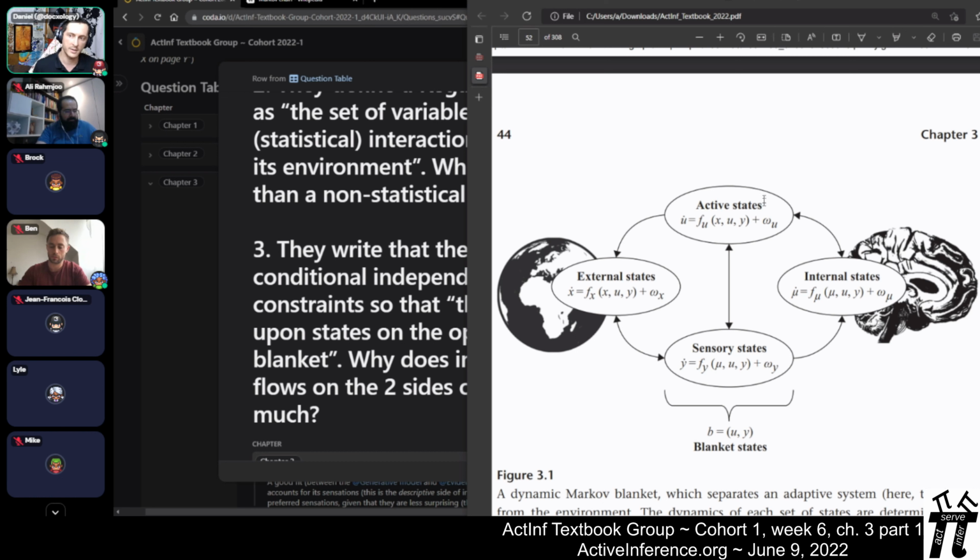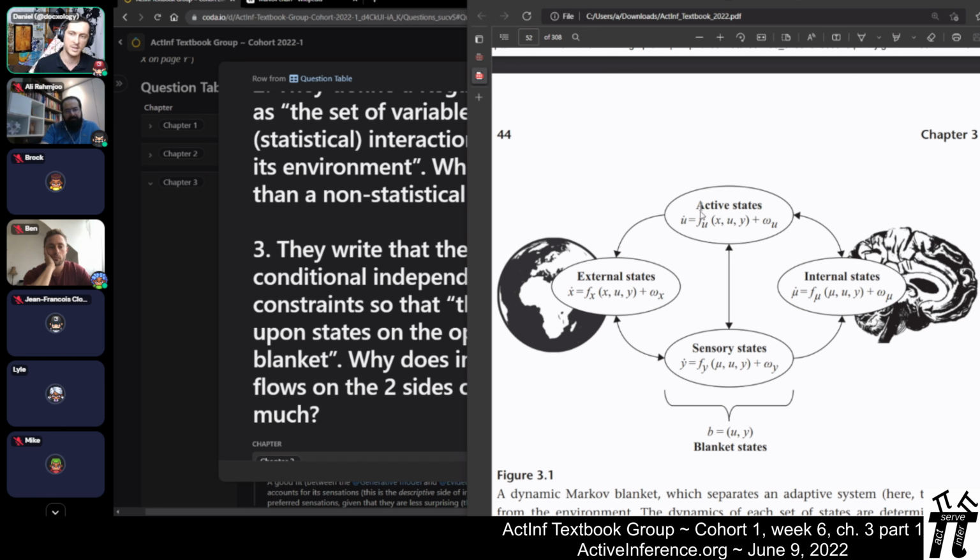The states that are the blanket and the internal are the particular states. Those are referring to the particle. That's like figure versus ground. The particle that's moving around, the curious particle, the active entity, is the particular states. That is partitioning the thing, literally the thing, away from the niche.